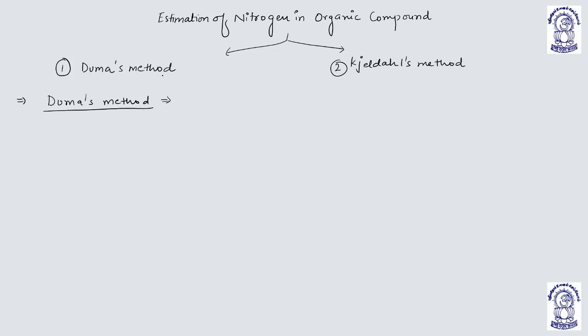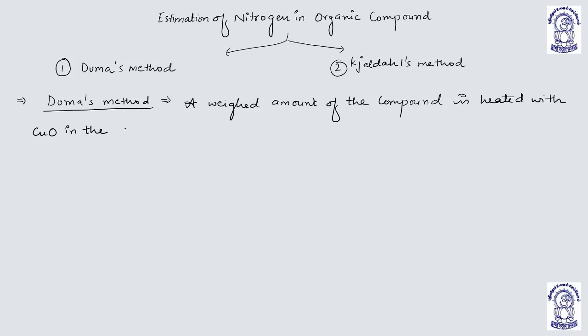According to the Dumas method, a known weight of organic compound is heated with cupric oxide, CuO, in an atmosphere of carbon dioxide, CO2.